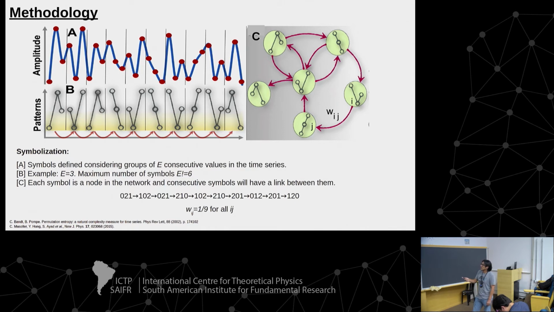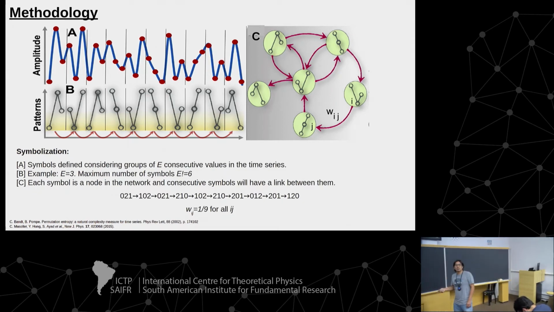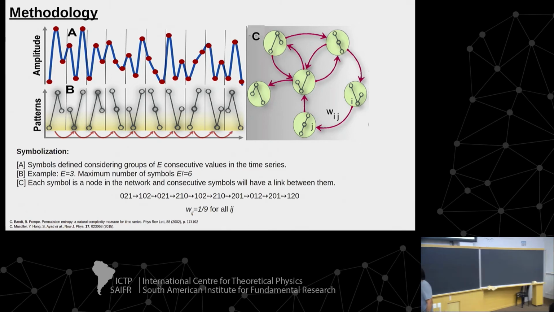This is the flow of the connections, and the weight of the connections is, in this particular case, 1 for all, because each link appears just once.